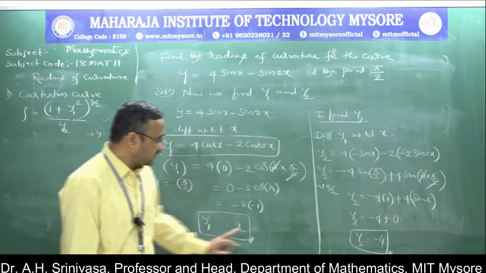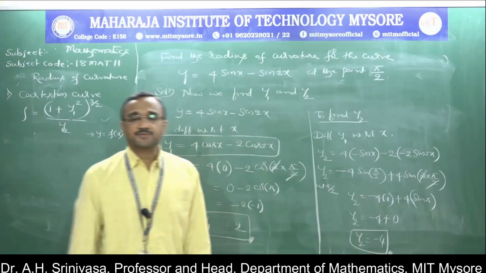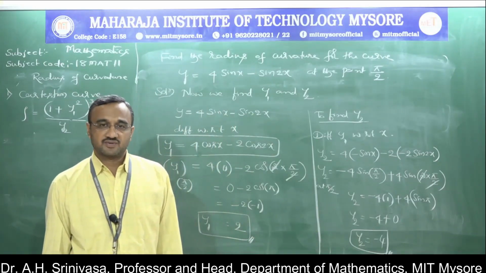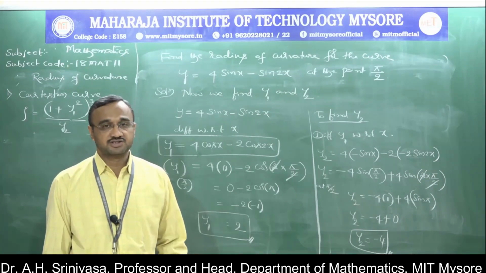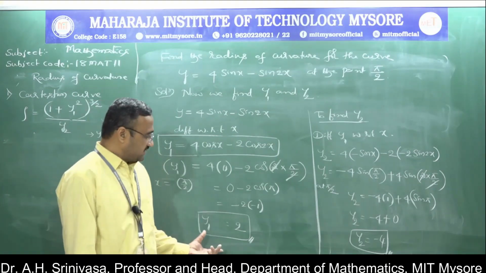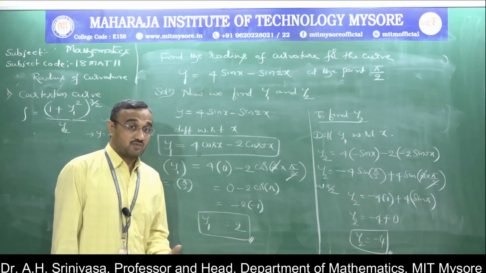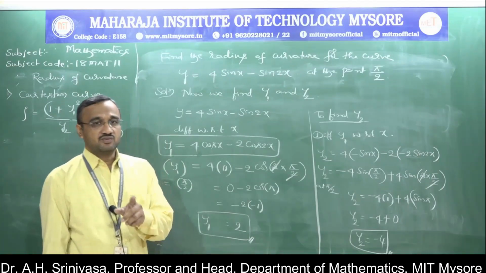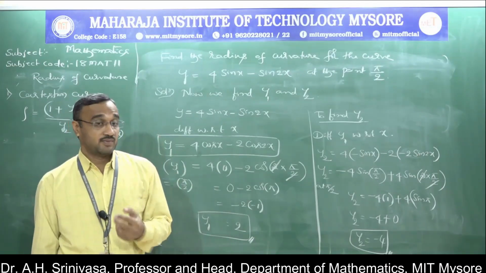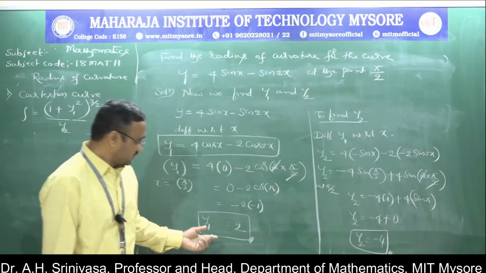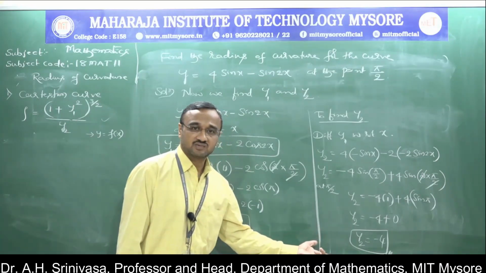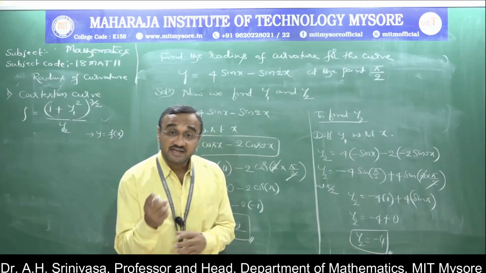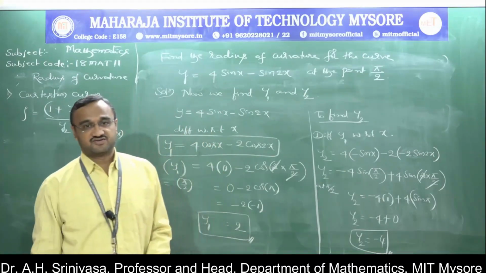Now after getting y1 and y2, substitute them in the formula for the radius of curvature in Cartesian form. If you compare with the previous problem, we are changing because the first-order derivative became infinity in the previous problem, but not here. Here y1 and y2 are directly available. That shows that y is dependent on x.